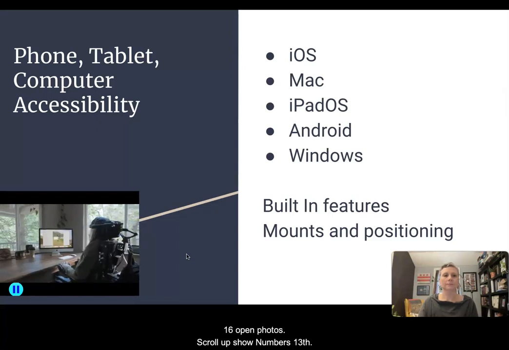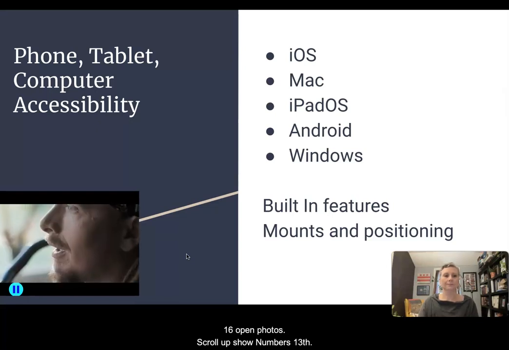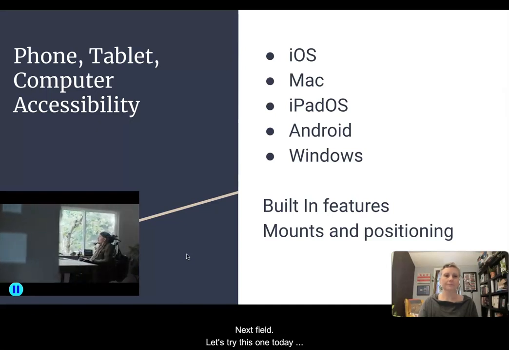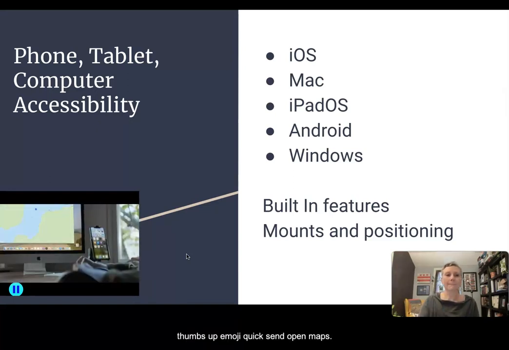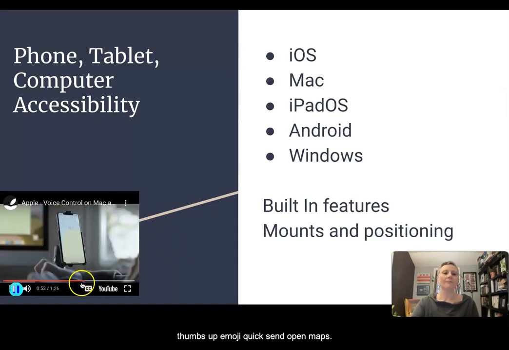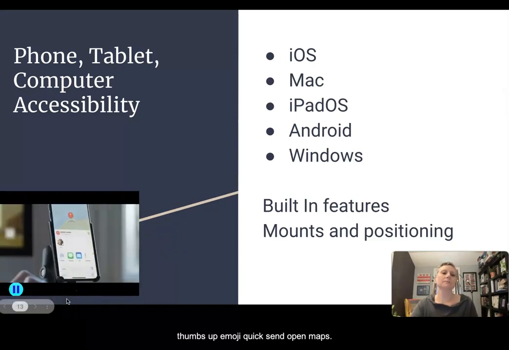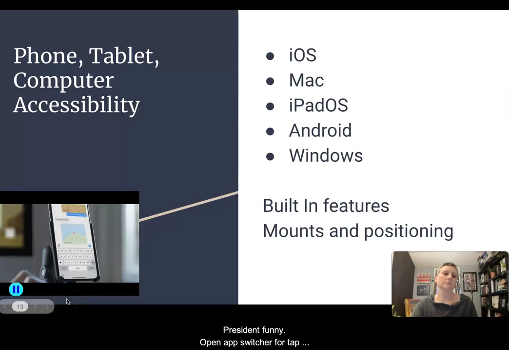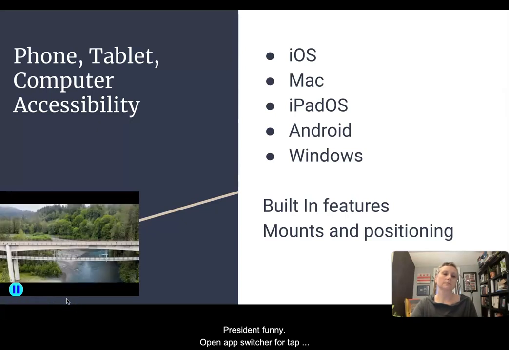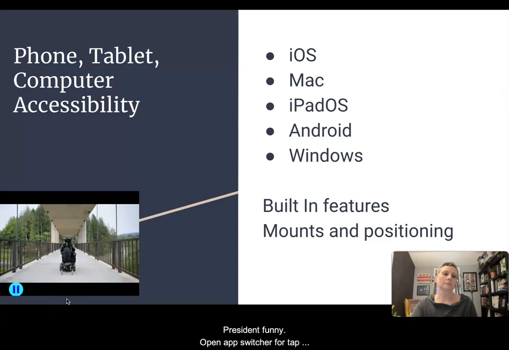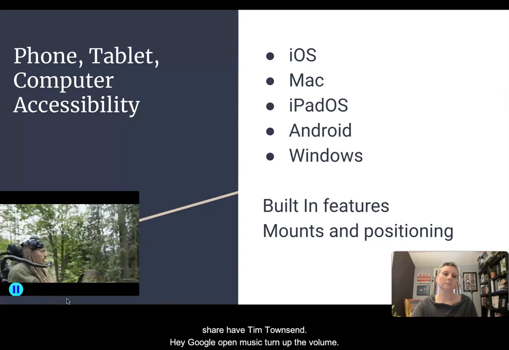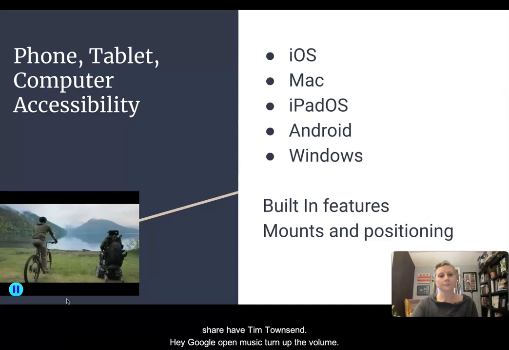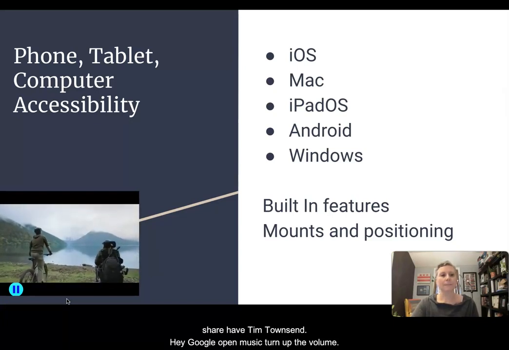Thumbs up emoji. Click send. Open maps. Show grid. Long press at 20. Open app switcher. Tap share. Tap send. Hey, good to see you. Open music. Turn up the volume.